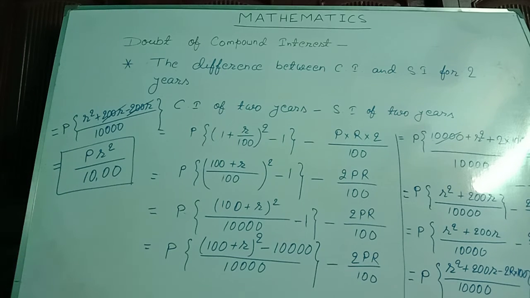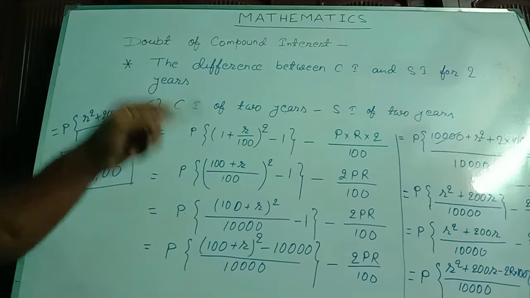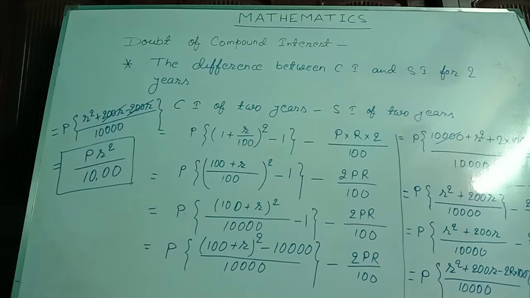This is the explanation of this shortcut formula. When we shall use this shortcut formula to solve the question, that time the concept of this formula should remain in your brain, so that you can say from where this formula is derived.